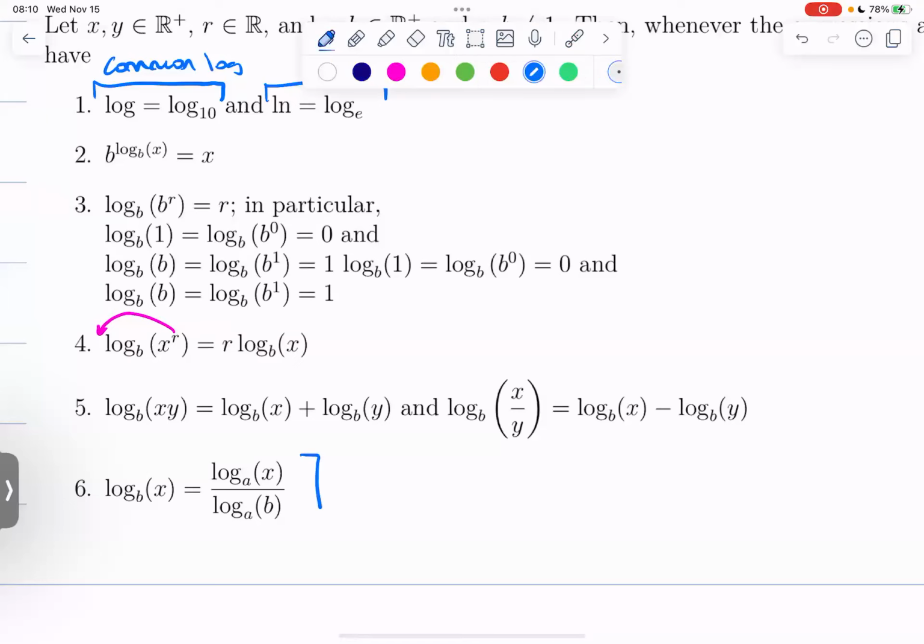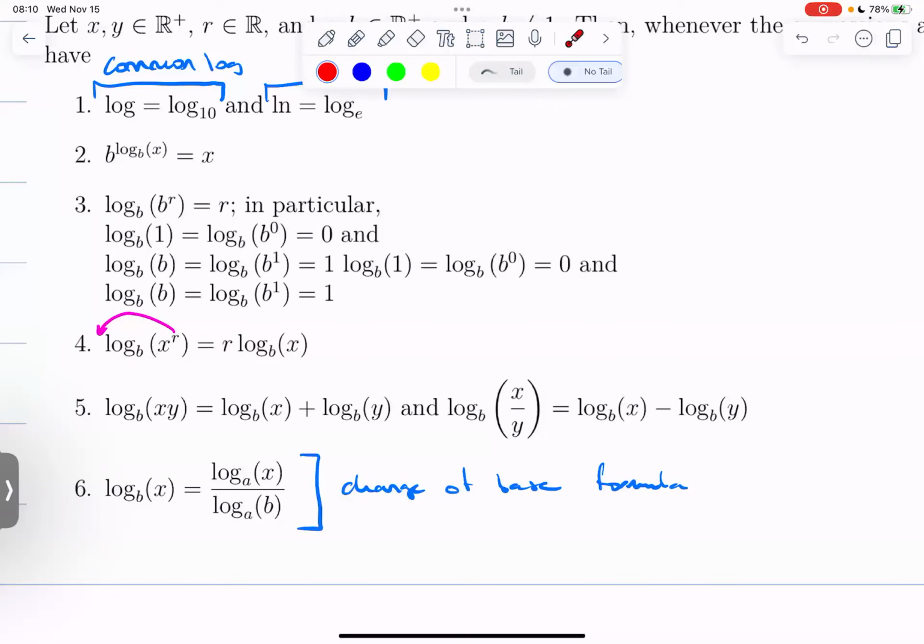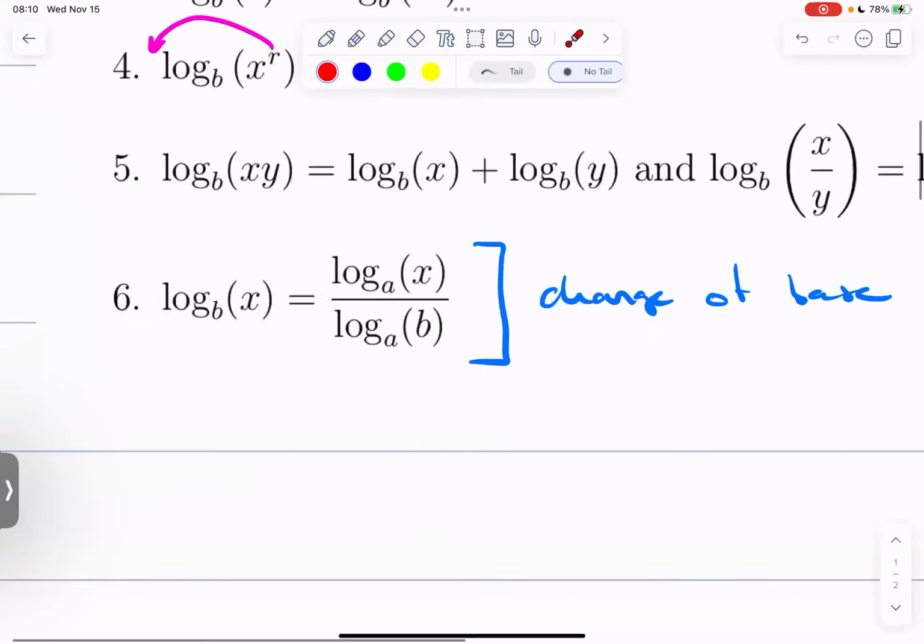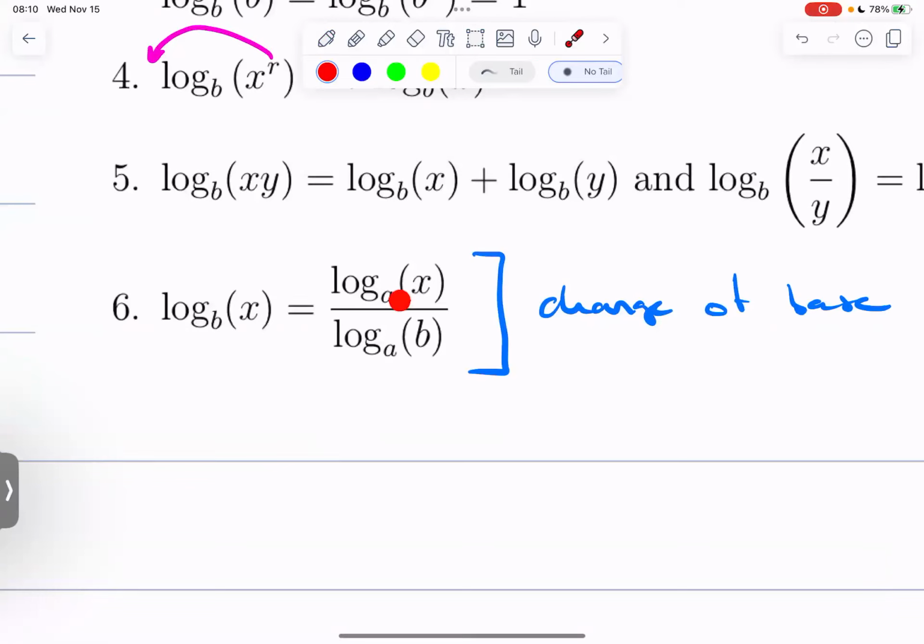This is the change of base formula. If you have to change from some log base a, usually we're going in this direction, log base a to log base b, right? Then what we can do is we can take log base a of x over the log base a.